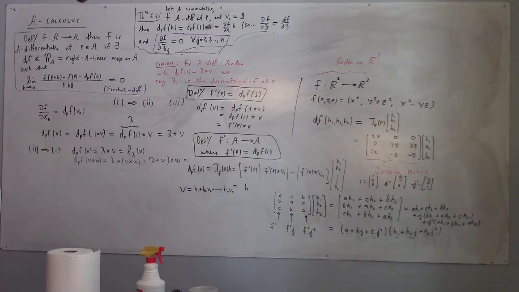Look at the proof. The proof is just essentially that if you have a sum of functions, their differential is the sum of the differentials. And if one of the differentials is right A-linear and the other is right A-linear, then their sum is likewise right A-linear.